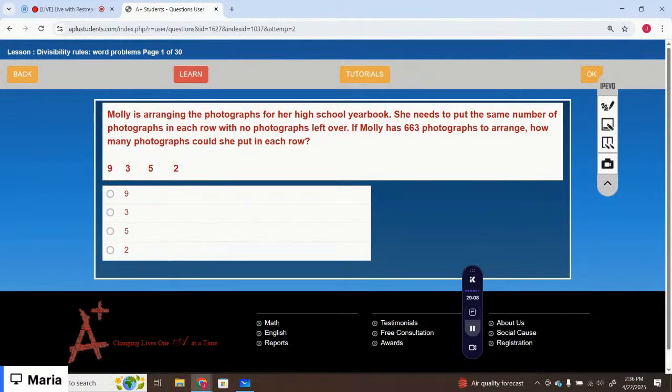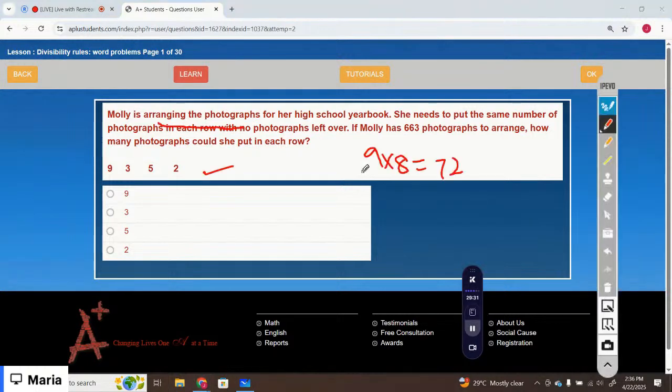Molly is arranging the photographs for her high school yearbook. She needs to put the same number of photographs in each row with no photographs left over. If Molly has 663 photographs to arrange, how many photographs could she put in each row? You need to find a number that can completely divide 663.